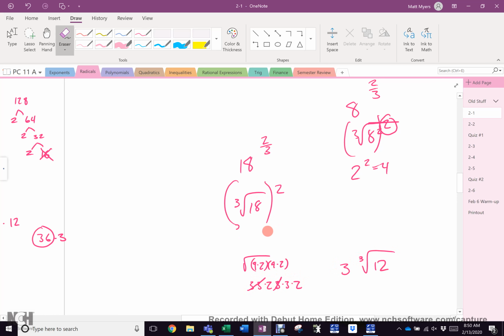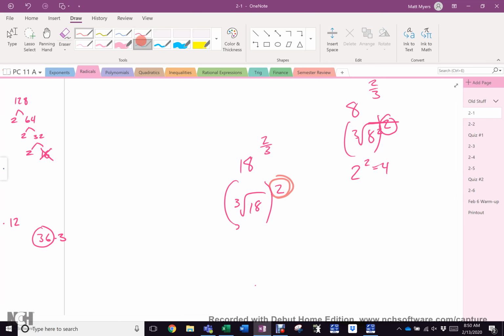But if you do what we did last unit, and you put it out here, and you try to simplify this, 18 is 2 times 3 squared. Is there a group of 3 to come out of there? No. So you've got to bring that 2 inside. Does everybody understand? Okay.